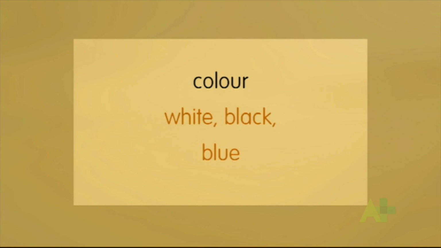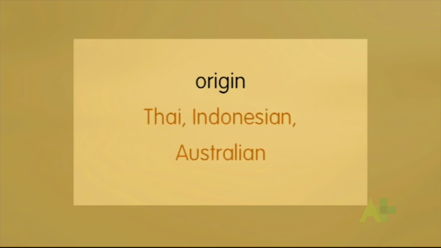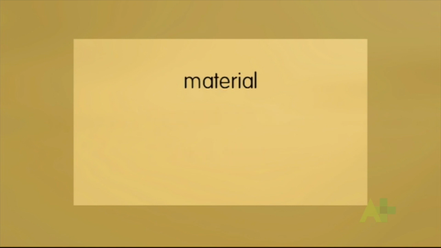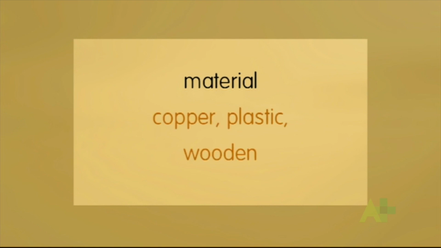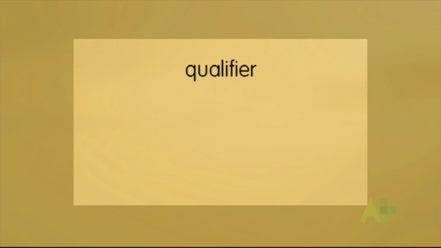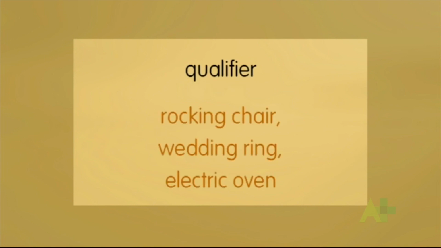Then we have adjectives that describe origin, where the noun is from. For example, Thai, Indonesian, Australian. Followed by material, what the thing is made of, like copper, plastic, or wooden. Lastly is the qualifier. This is something that's an integral part of the noun. Examples might be a rocking chair, a wedding ring, an electric oven.